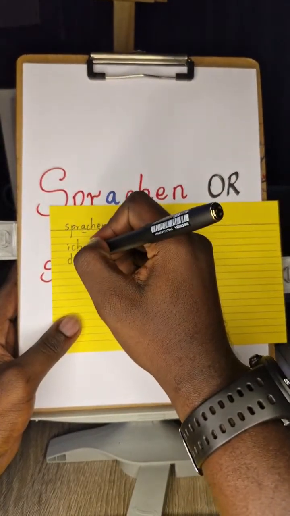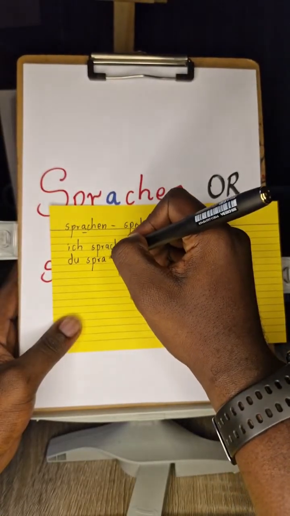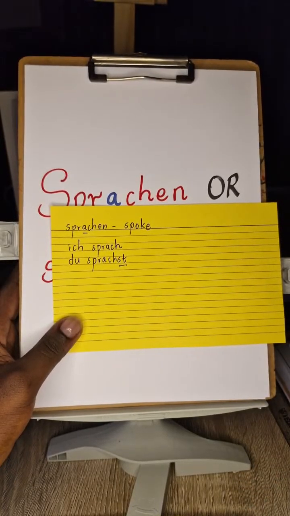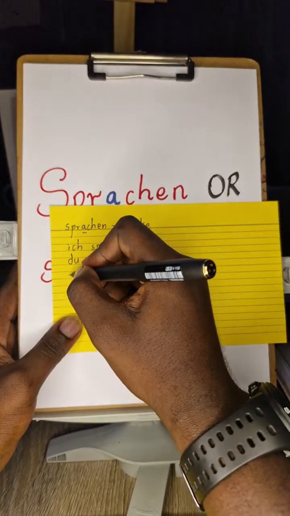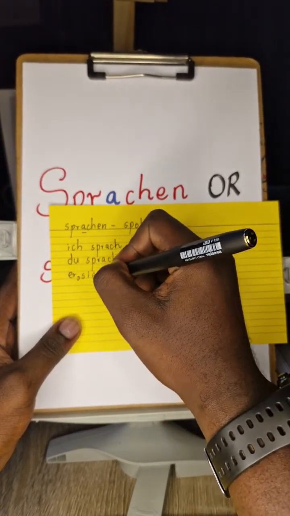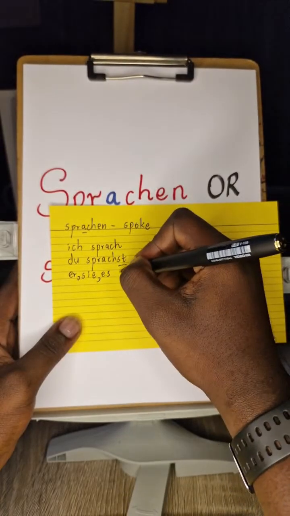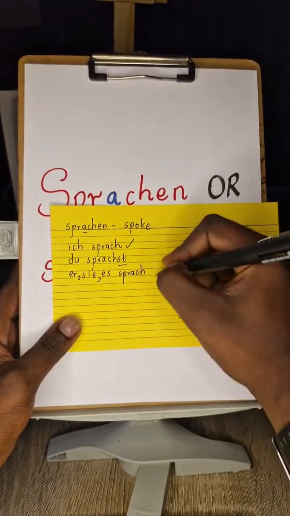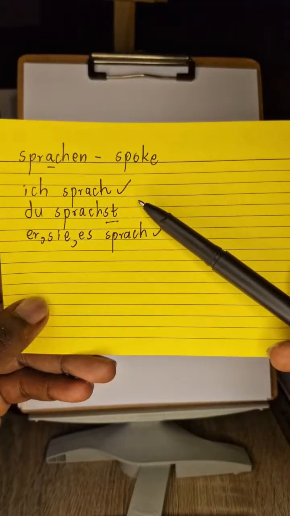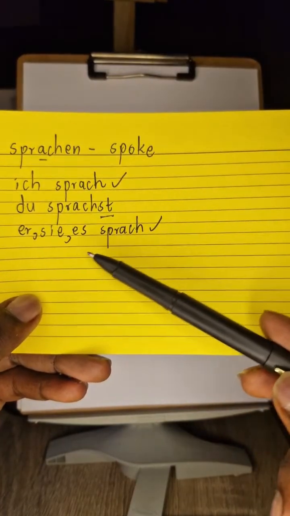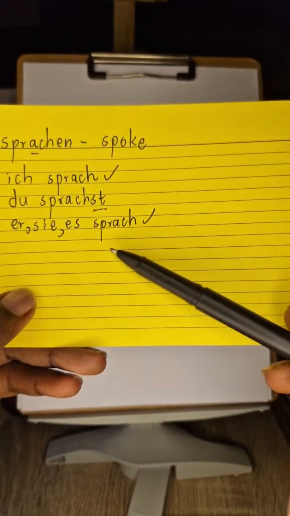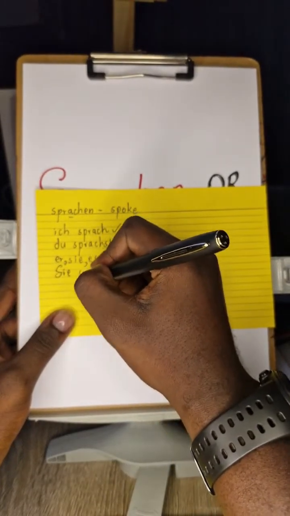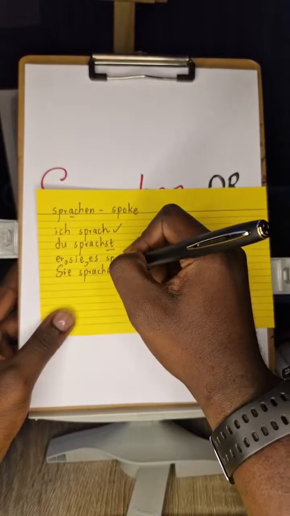Now in the du, now it will become du sprachst. Look at that. Du sprachst. You spoke. All right? And then normally in the past, you will realize that ich and er, sie, es normally are the same. So that in er, sie, es, I would also say sprach. That is in the past. Look at the endings. Ich sprach, I spoke. Er, sie, es also sprach. He, she, it spoke. All right? And then under Sie, now you would say Sie sprachen.